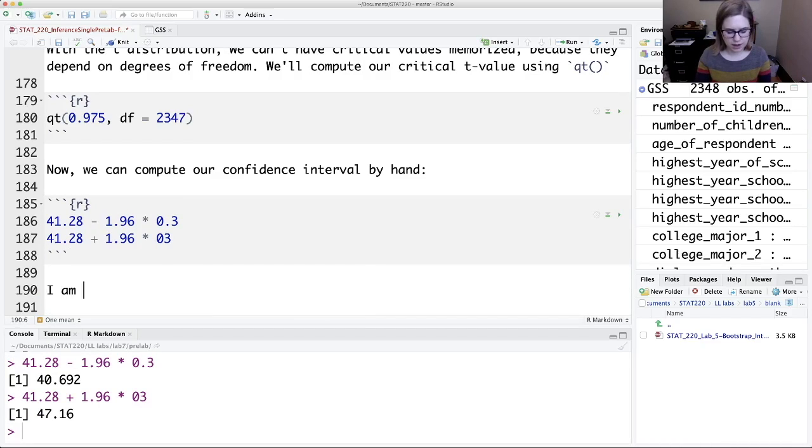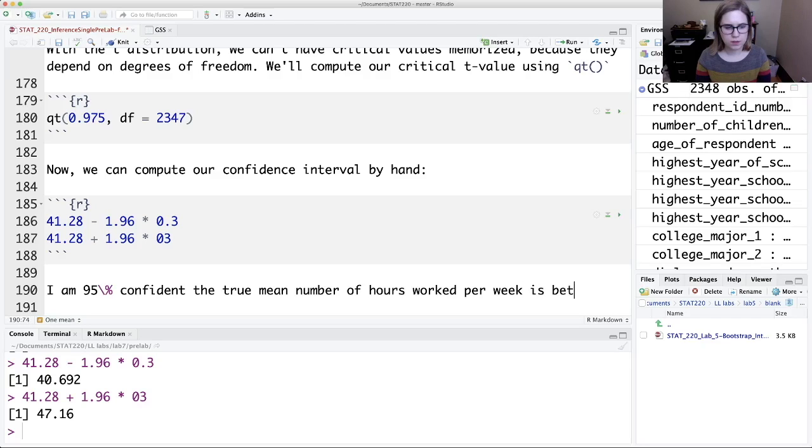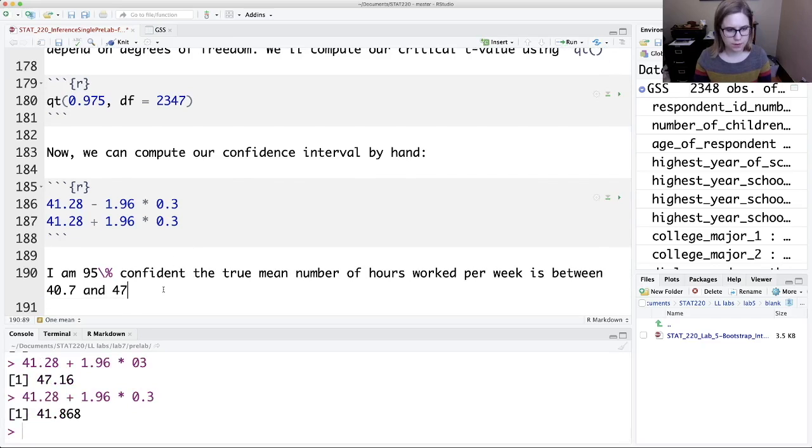And I could say I am 95% confident the true mean number of hours worked per week is between 40.7 and 47. Oh, shouldn't be 47. That's really big. I have a typo here. It should be 0.3. There we go. And 41.9, basically, hours.